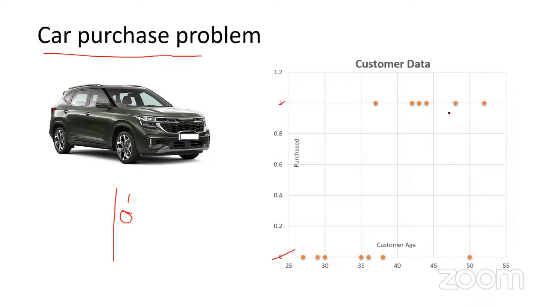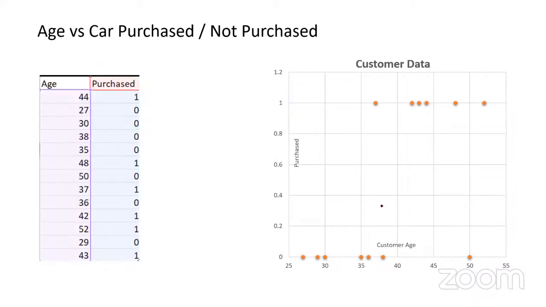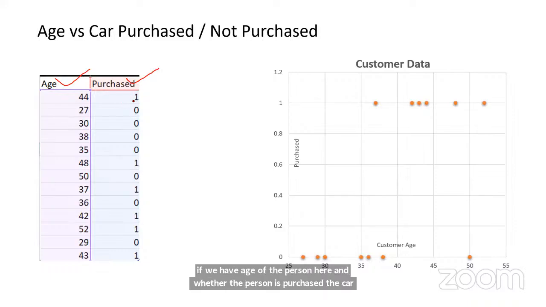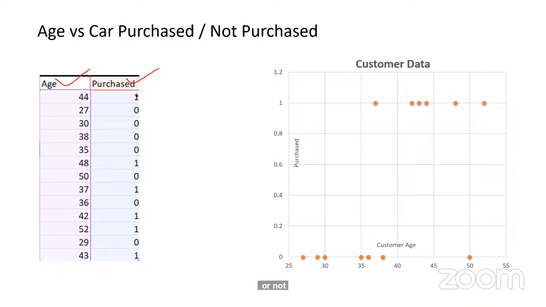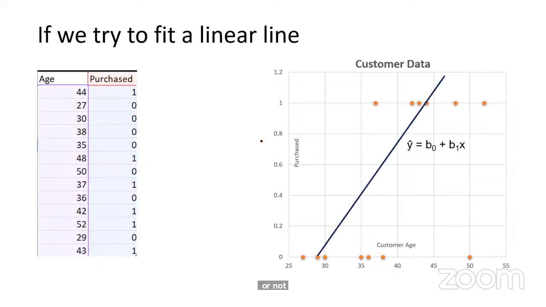Now, how to solve this problem? Can we fit a line? If we try to fit a linear regression, and we have the age of the person here and whether the person has purchased the car or not, the data will look like this, right? We need to make a decision whether the person will purchase the car or not.